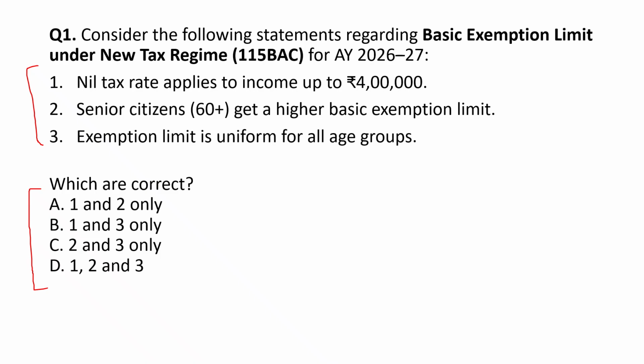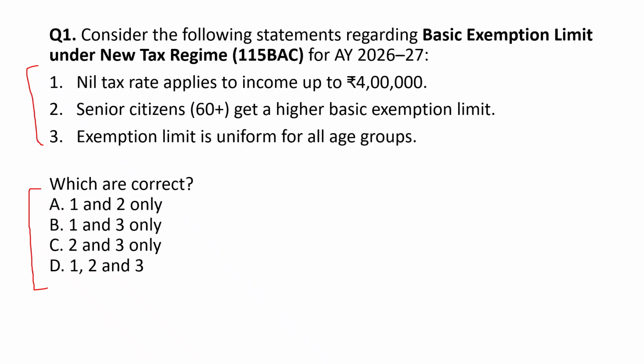First question हमारे पास है, consider the following statements regarding basic exemption limit under new tax regime 115 BAC for assessment year 2026 to 27. Statement 1, nil tax rate applies to income up to rupees 4 lakh. Statement 2, senior citizens, that is 60 plus years of age, get a higher basic exemption limit.